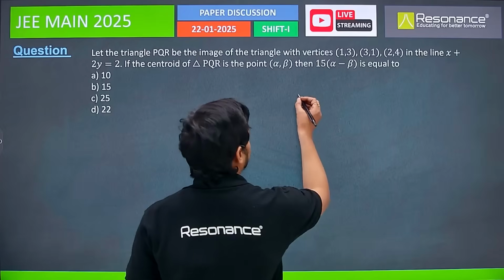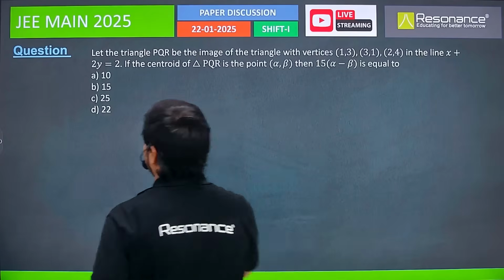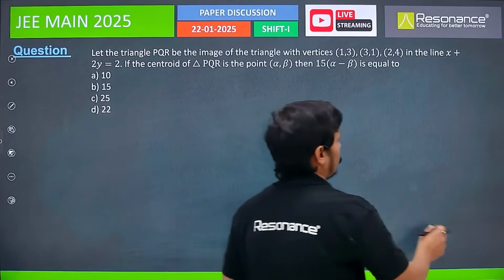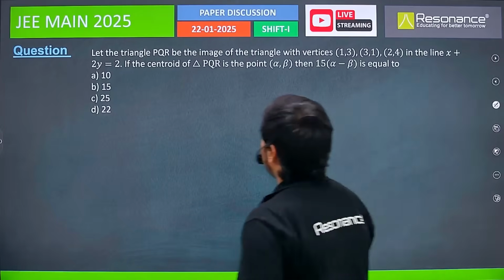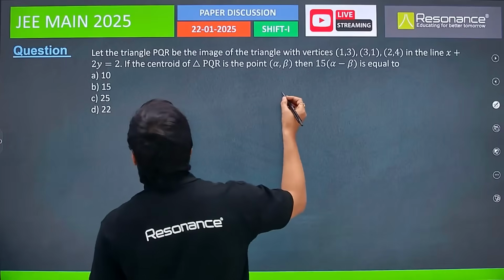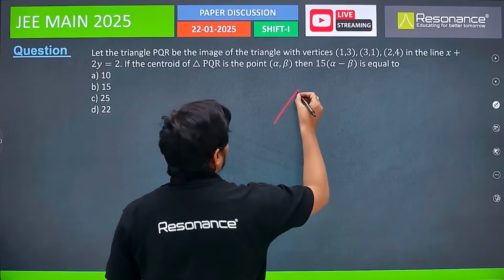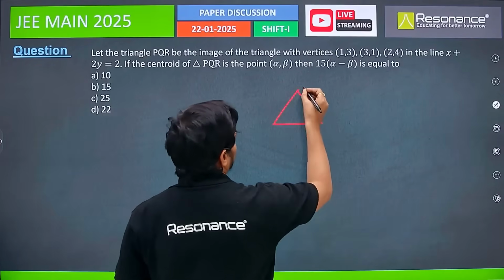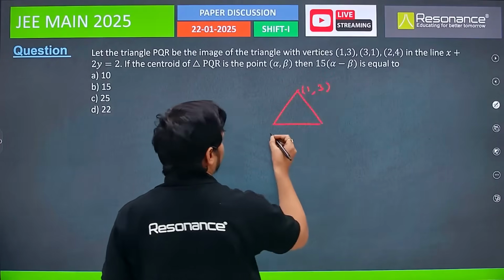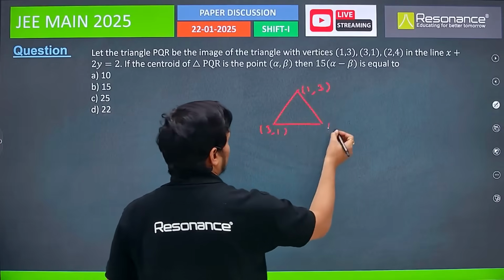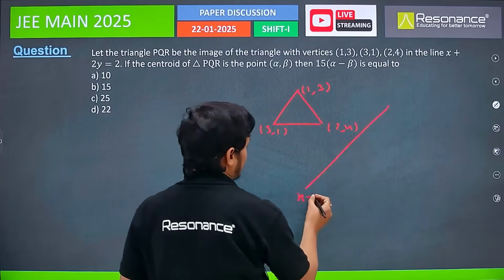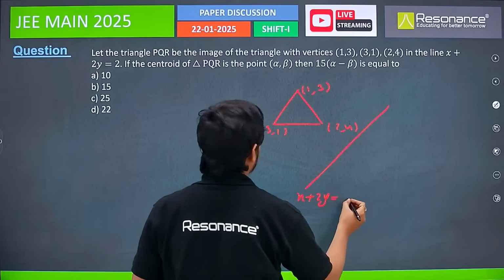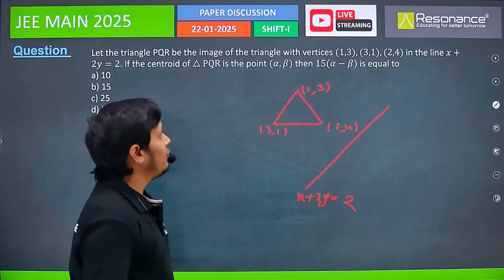Okay, so there is a triangle. Triangle PQR is the image of this triangle whose vertices are (1, 3), (3, 1), (2, 4). The line equation is given as x + 2y = 2. Okay, then what do you want?